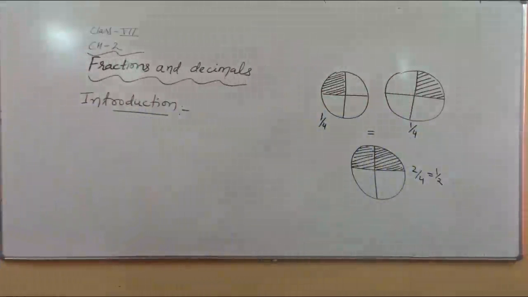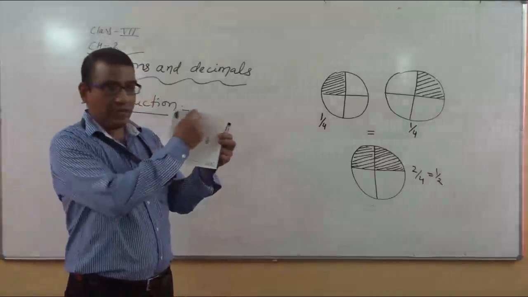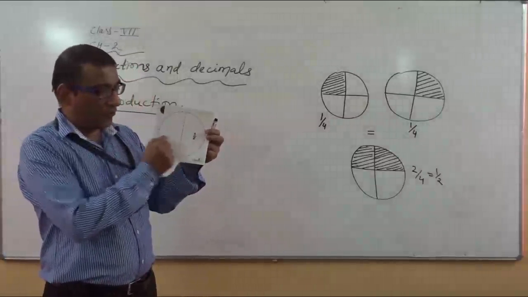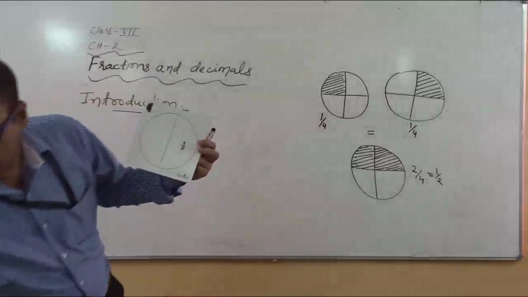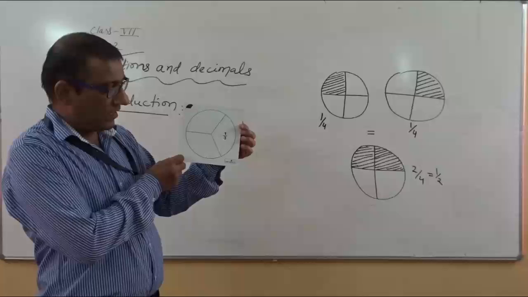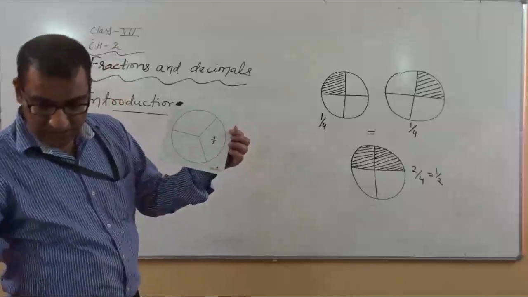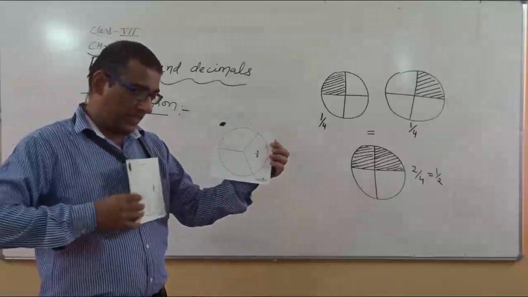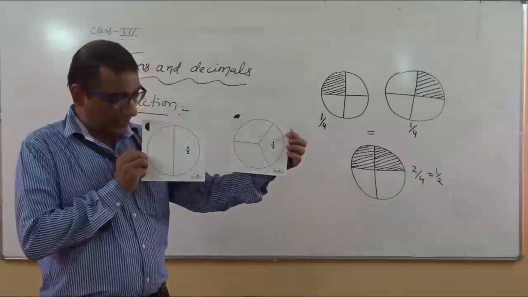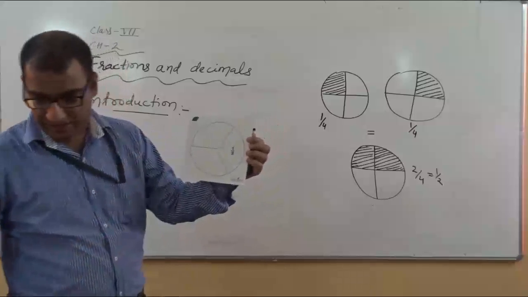So, as you know, if you see this figure, it is a circle and 1 upon 2 is written here. If you see another teaching aid, again this is a circle, divided in 3 parts. Earlier the circle was divided in 2 parts, and this circle is divided in 3 parts.